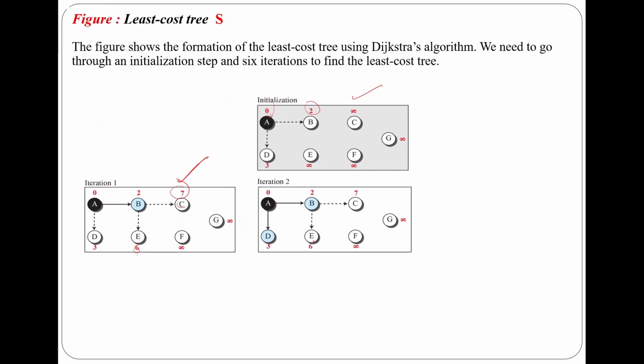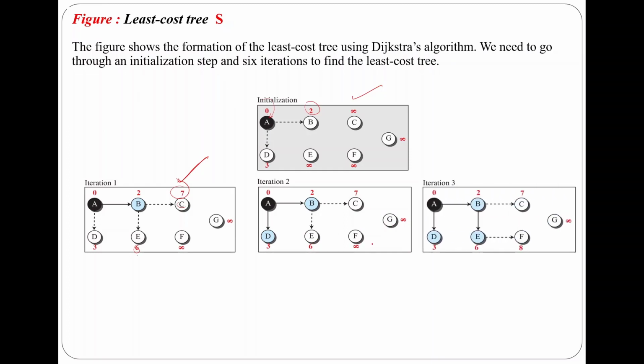Here also you can see the same thing. These two are infinities. In the third iteration, the F infinity is also replaced with a numeric value. This numeric value represents the least cost.